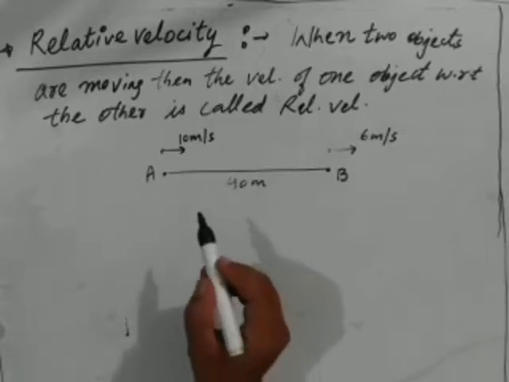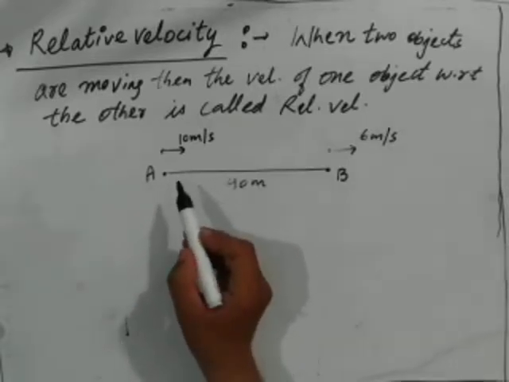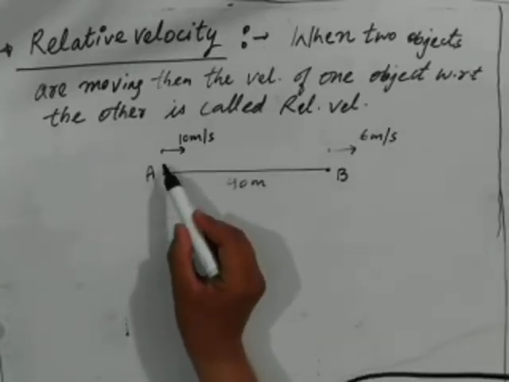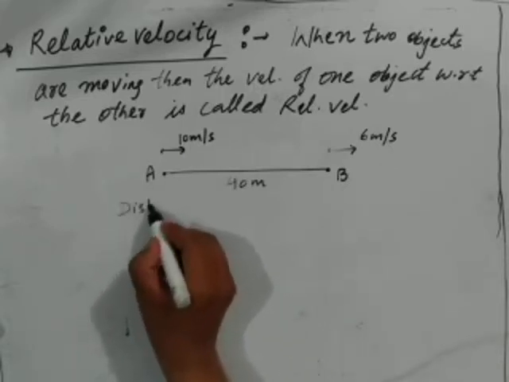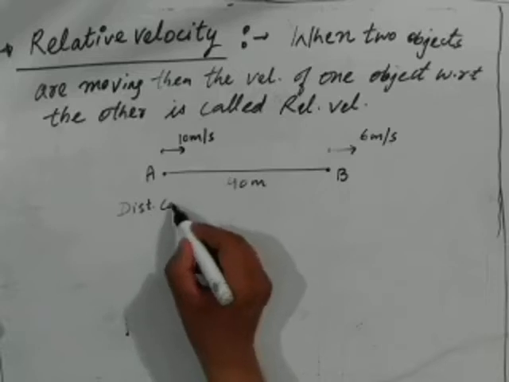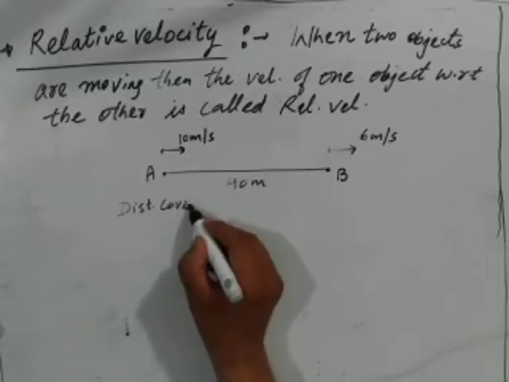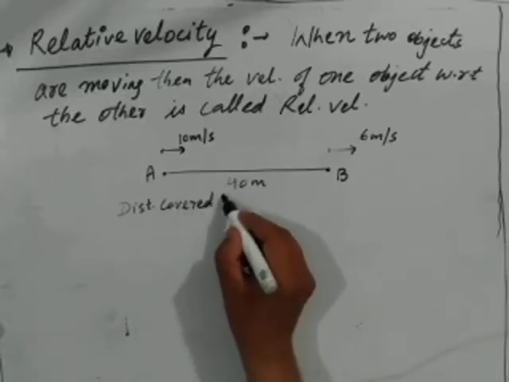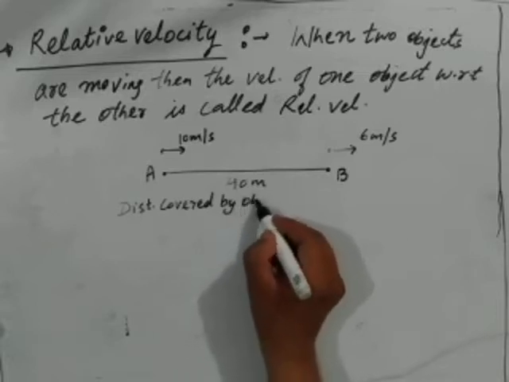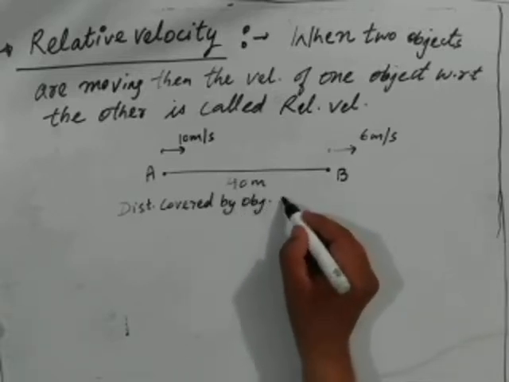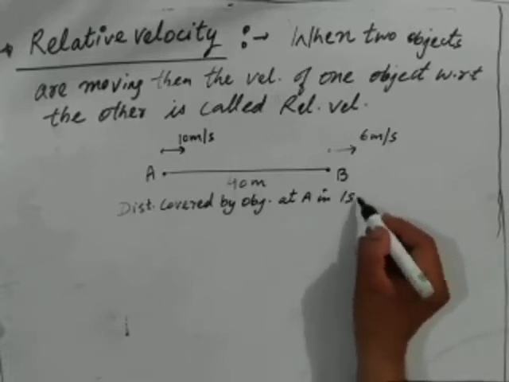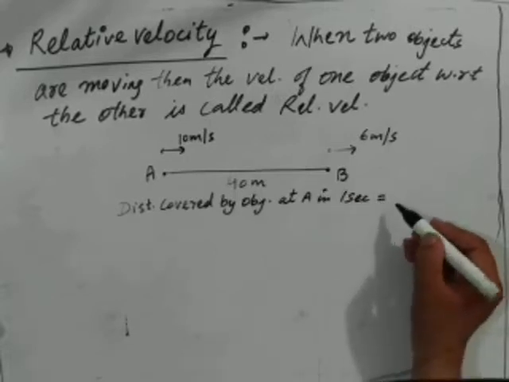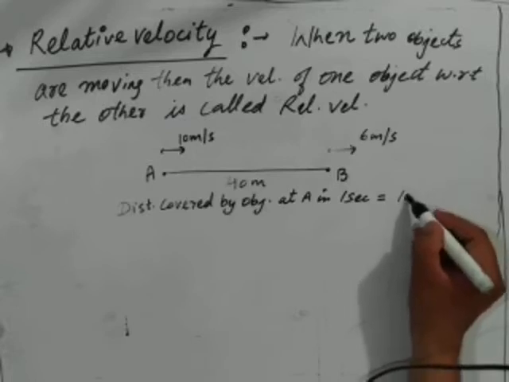Now the distance covered by the object lying at A in 1 second, that is 10 meters.